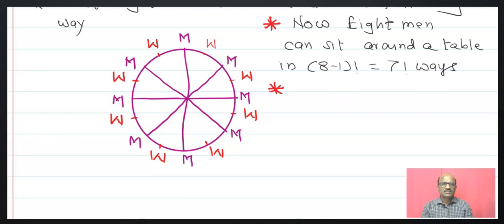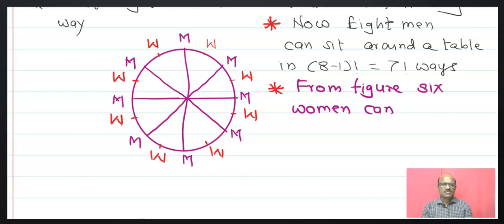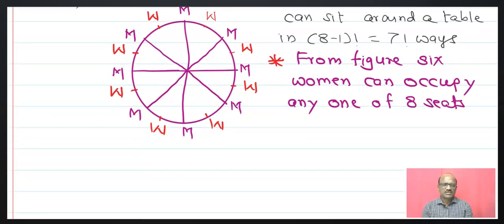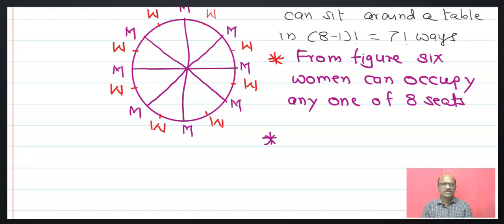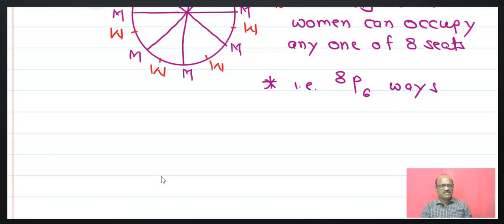Next is from figure, 6 women can occupy any one of 8 seats. Therefore, 8P6 ways.